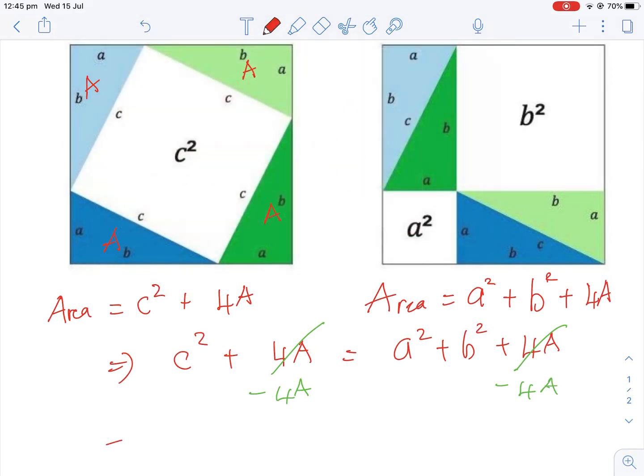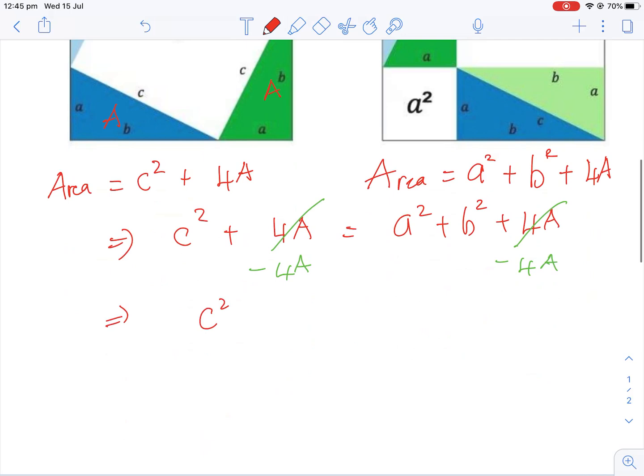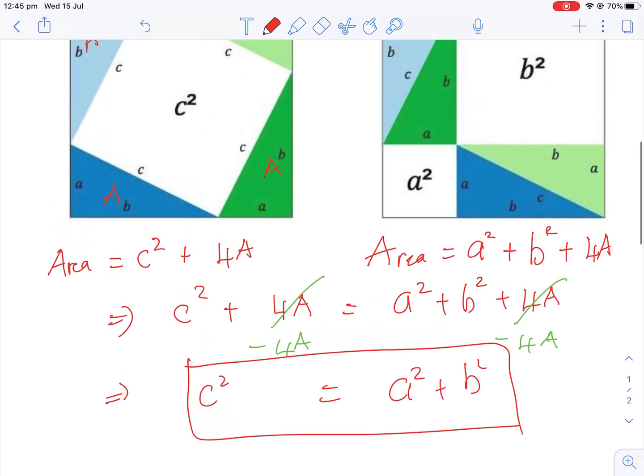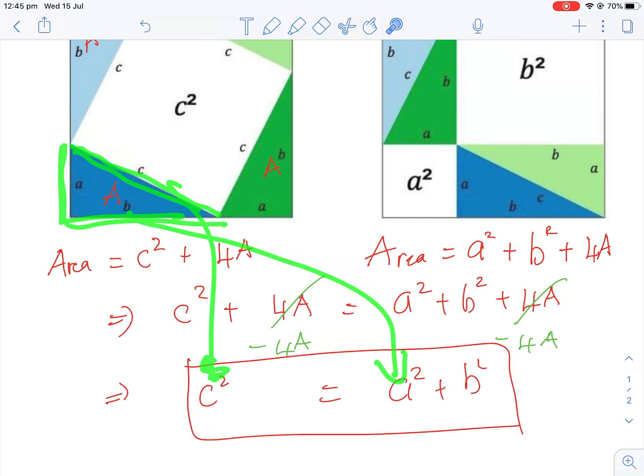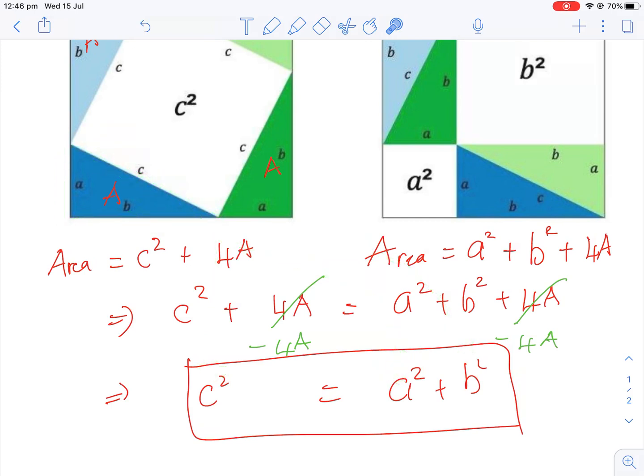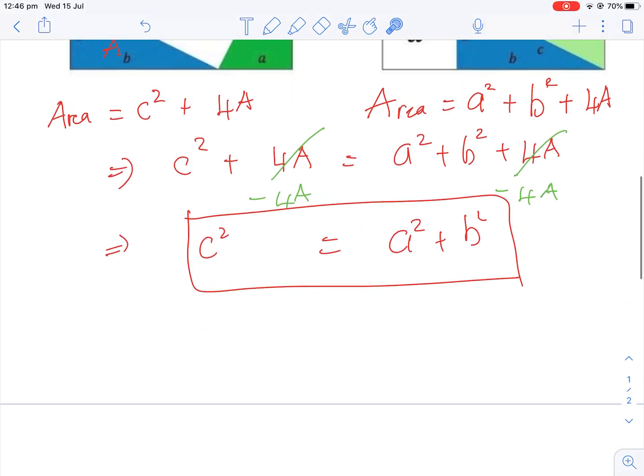And then I have C square equals A square plus B square. There you go. In any right angle triangle, C is the hypotenuse, and A, B are the two shorter sides of the right angle triangle. That's how the Pythagoras theorem was created.